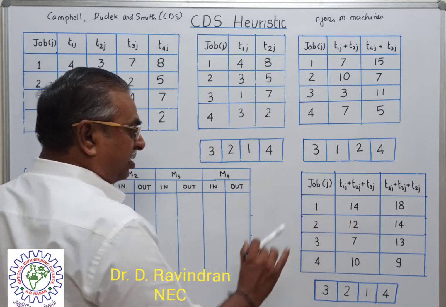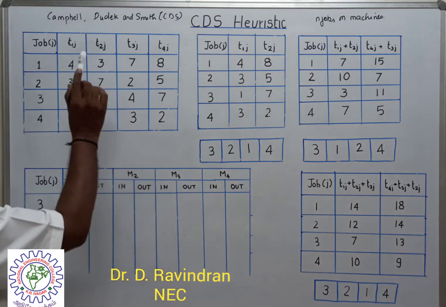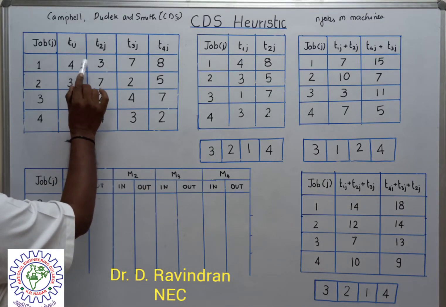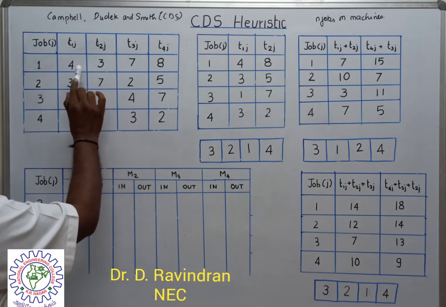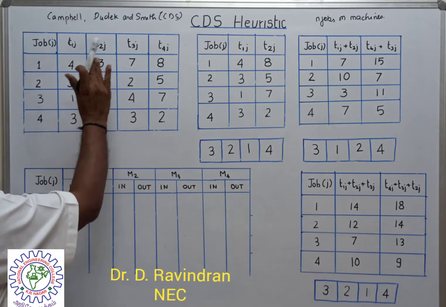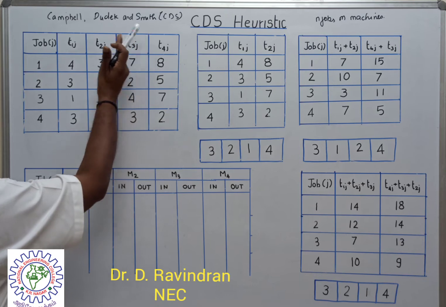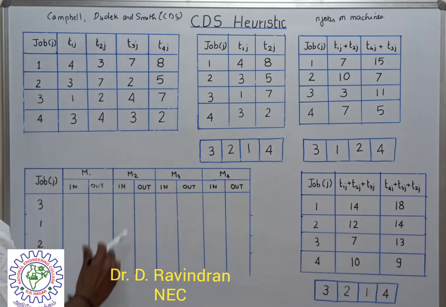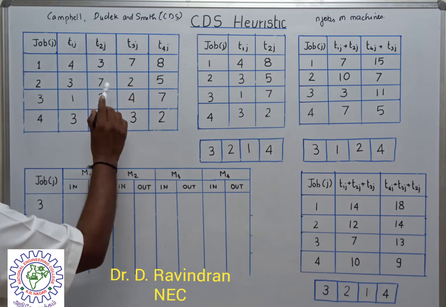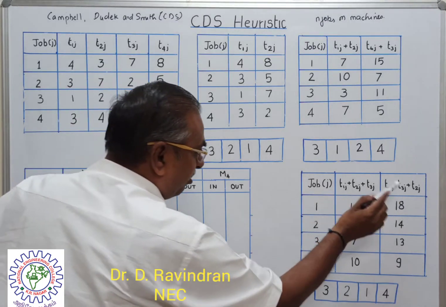Then in the third step, we combine the processing times of the first, second and third machines. That means we are just moving ahead. Then the last machine, the last but one, and the one before that are combined together, forming the second imaginary machine.